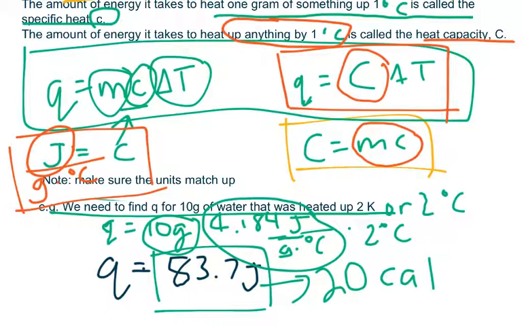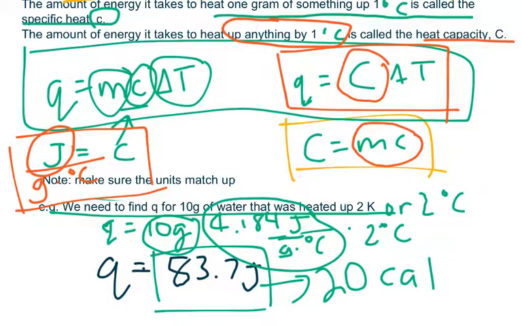And we use heat capacity because sometimes an object might not just be made of one thing with a constant specific heat that we could use. Instead, it might be made of many things, and perhaps some parts of the object might heat up more easily than other parts.